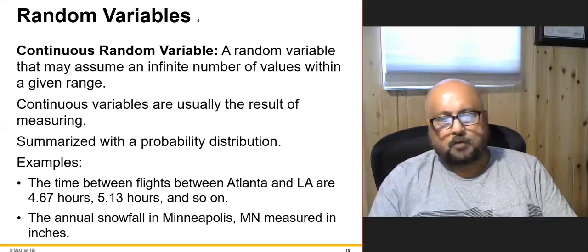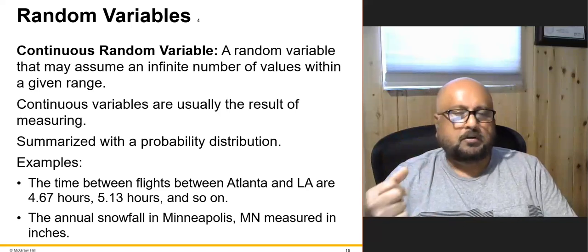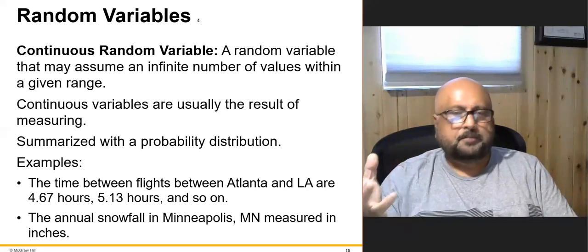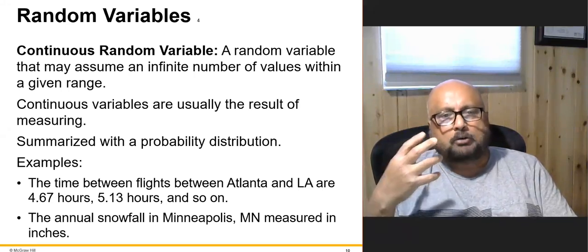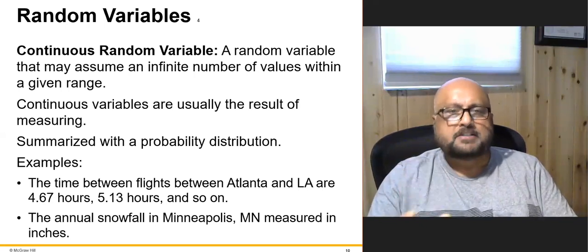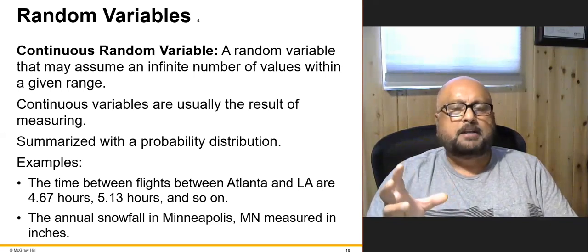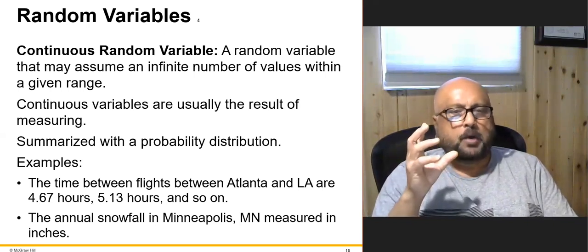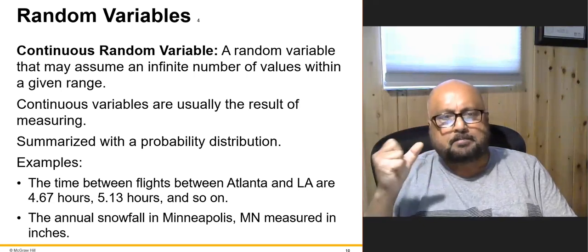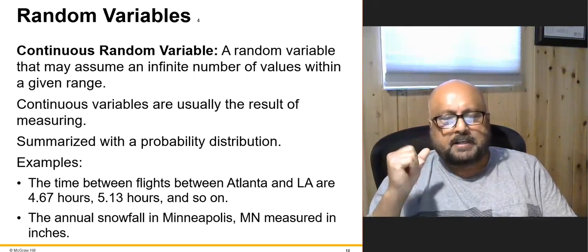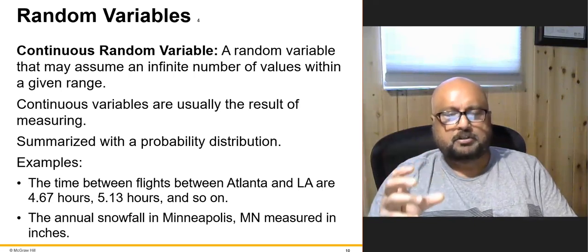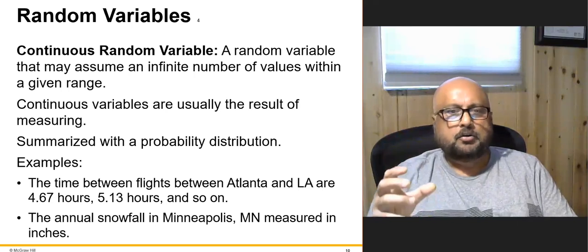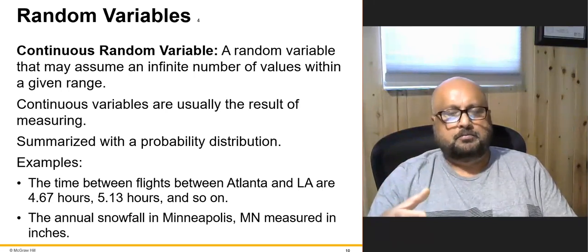These are hard to count, but you measure them. Continuous random variable means you have too many tightly packed values that if you start counting them individually, it's so hard, right? So they appear to be continuous.